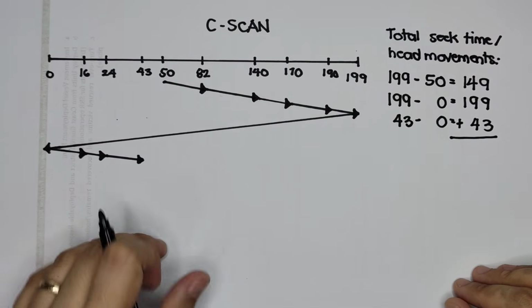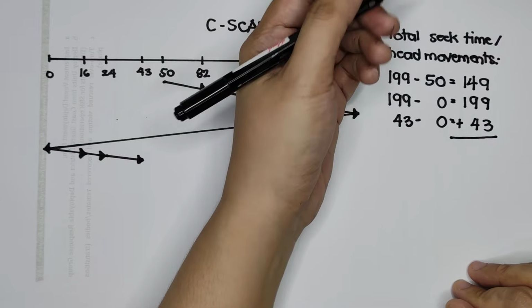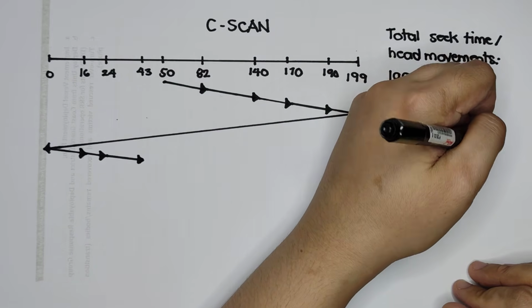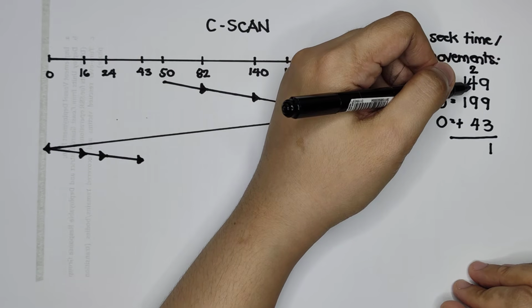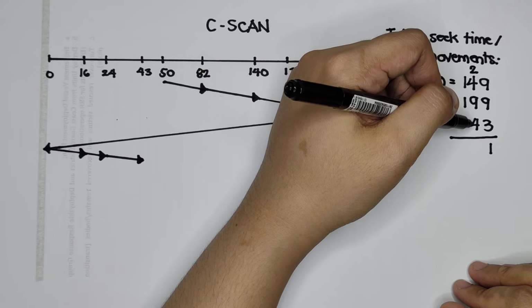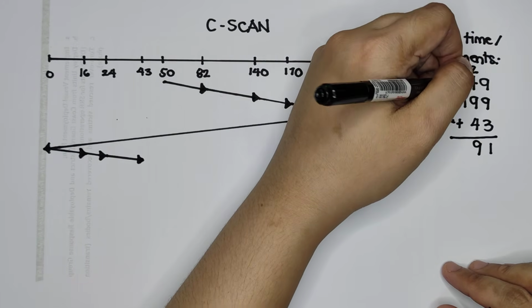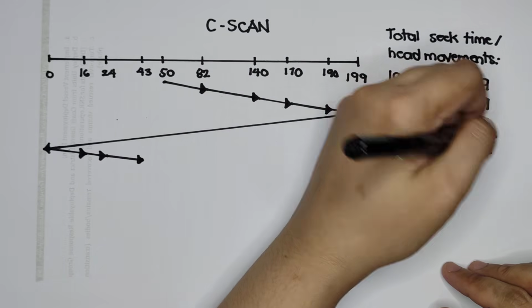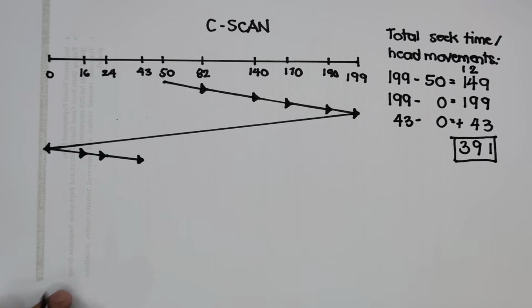So let's add these three values that we have acquired from the graph of C-scan. So 9 plus 9 is we have 18 plus 3 is we have 21, 1 carry 2, then 2 plus 4 is we have 6 plus 9, 15 plus 4 is we have 19, so 9 carry 1, so 1, 2, 3, so we have 391 the total seek time or head movements for C-scan.